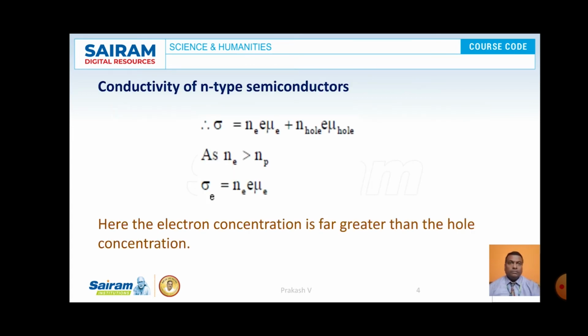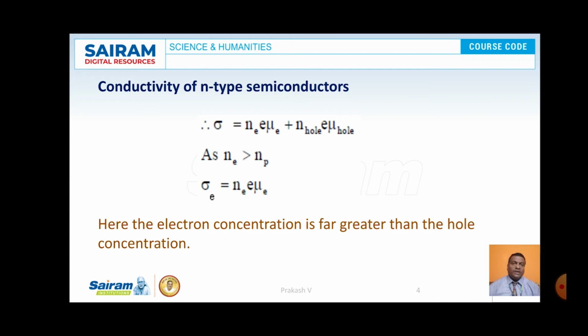Now let us look at the conductivity in case of N-type semiconductors. First, let us look at semiconductors. Intrinsic semiconductors are pure semiconductors, and the number of electrons and holes in an intrinsic semiconductor is the same.